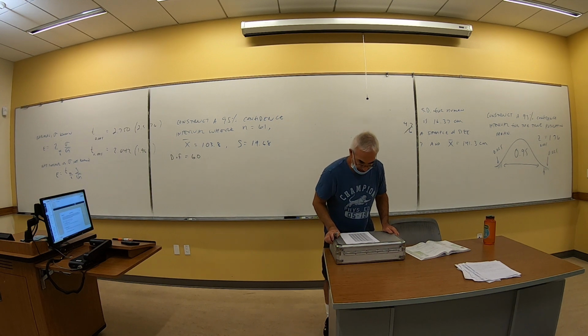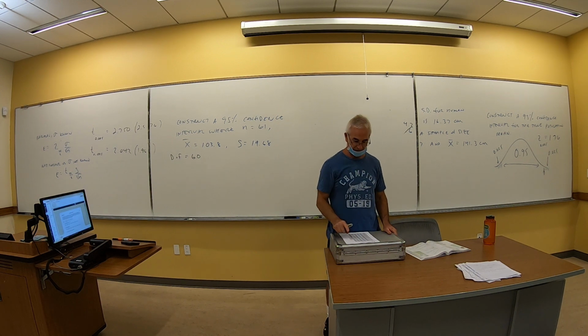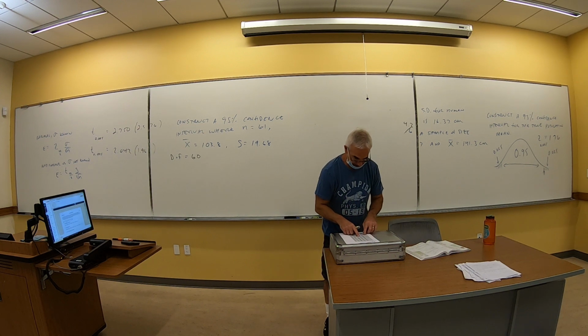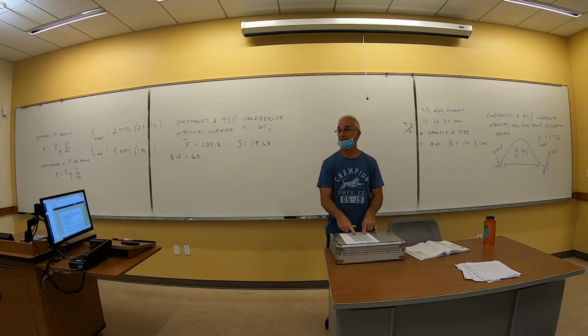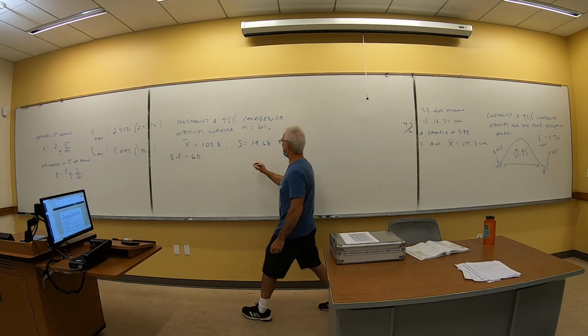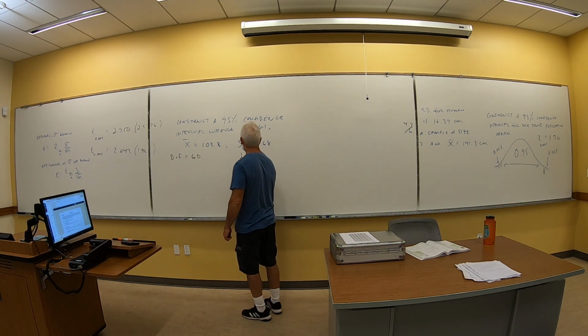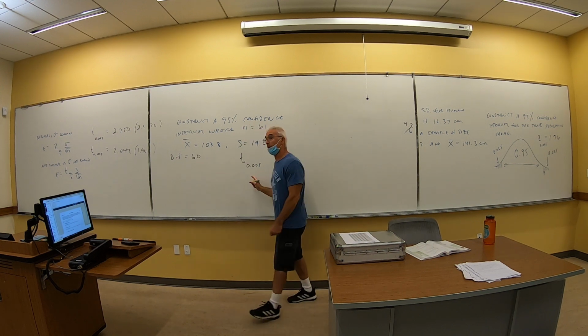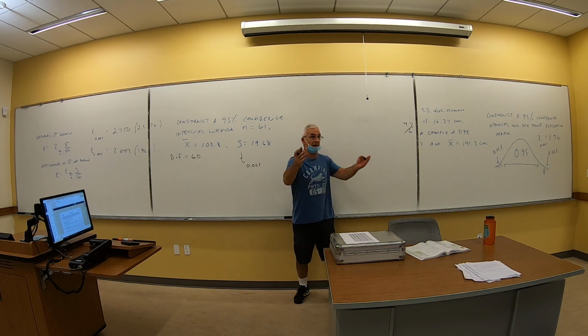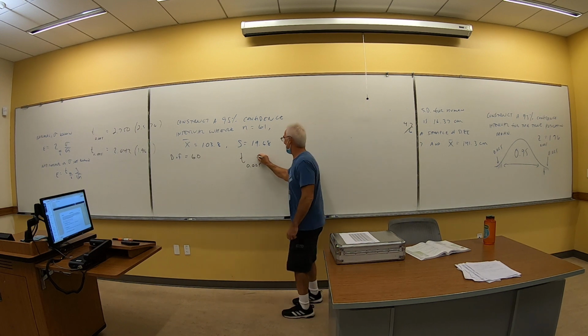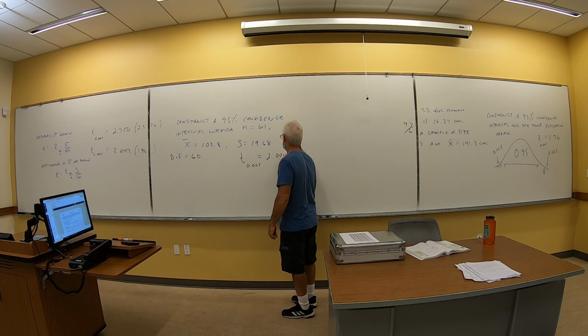So go down that column until you get to 60 degrees of freedom. What number do you see? It's a very nice number: 2.00. That's kind of convenient, isn't it? It's the t of 0.025 in one tail, or 0.05 in two tails, and you got 2.000.